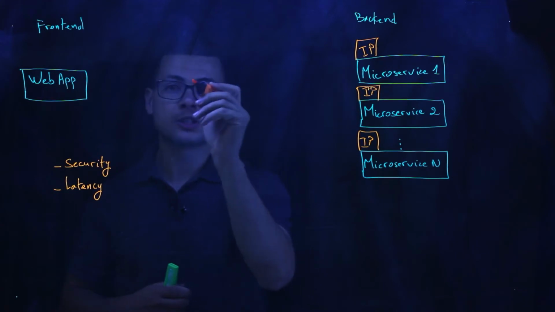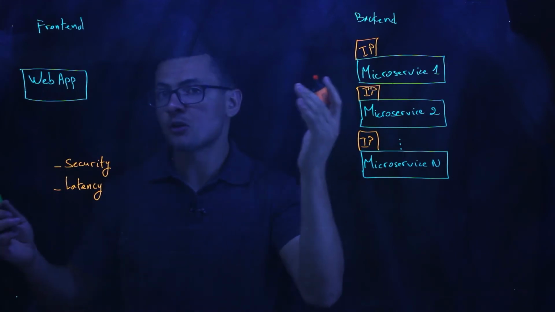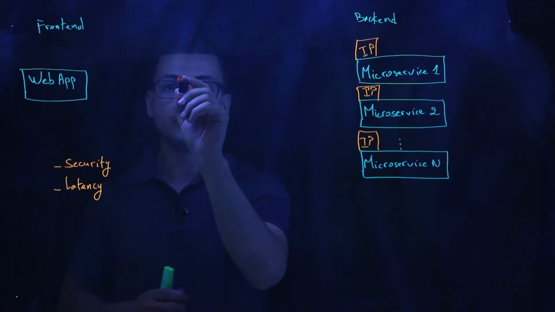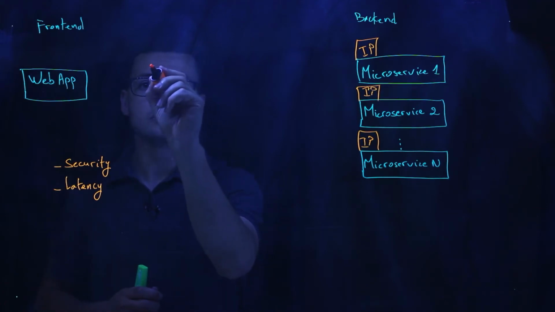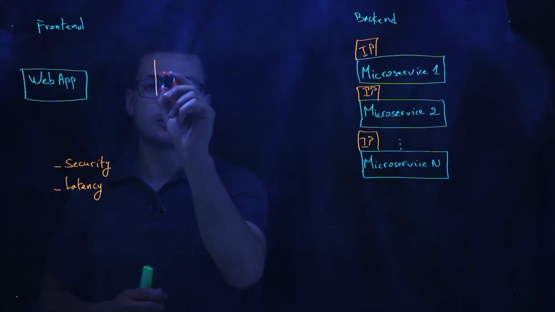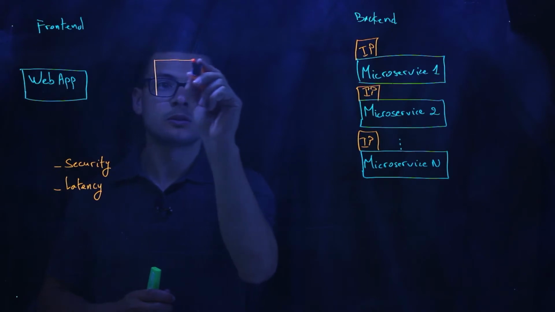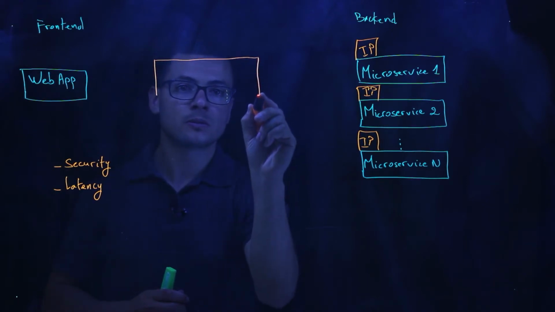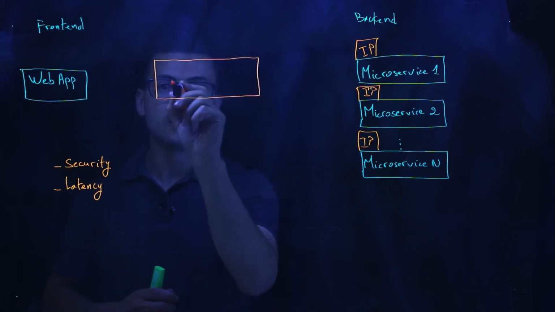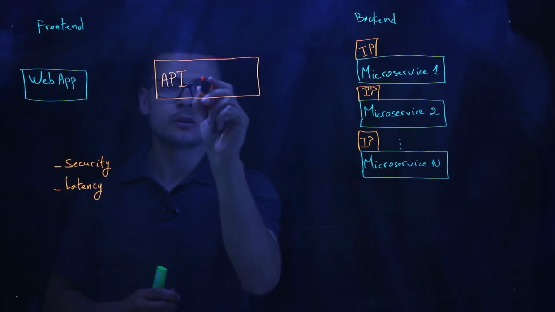So here we'll introduce something, let's say it could be another microservice at the middle right here. So we'll add another component. And this one is the API gateway.